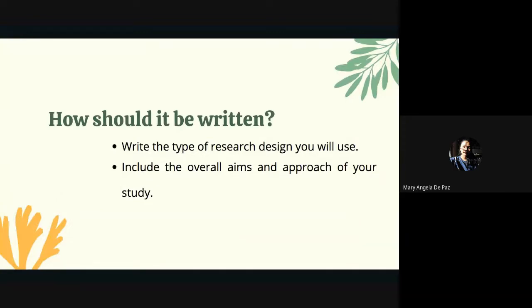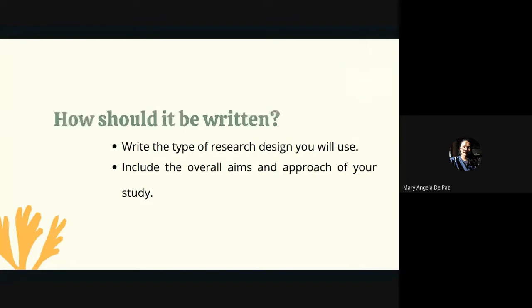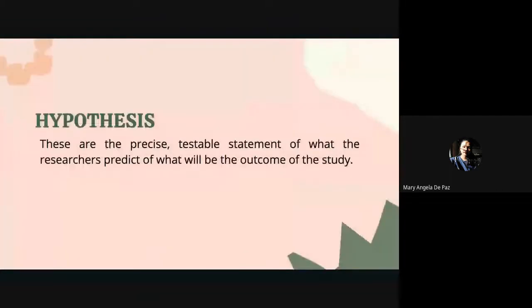So next we have hypothesis. So hypotheses are the precise, testable statements of what the researchers predict will be the outcome of the study. So this involves proposing possible relationships between the independent and dependent variables. So as mentioned earlier, we have two types of research hypothesis. The first one is the alternative hypothesis.